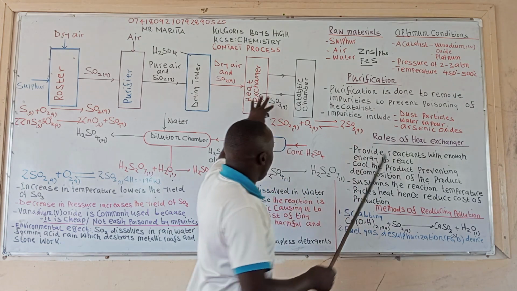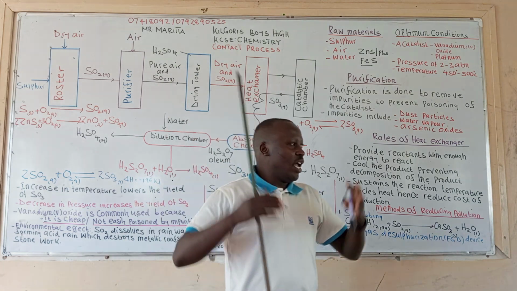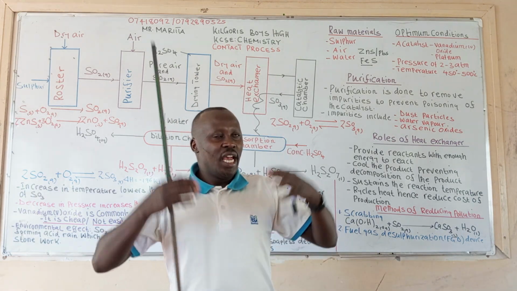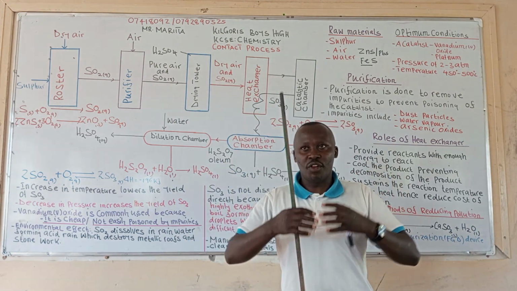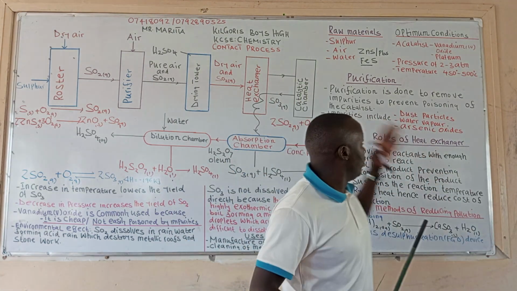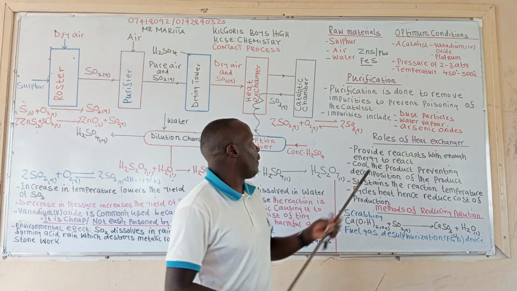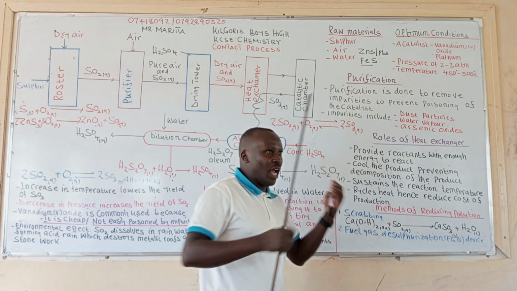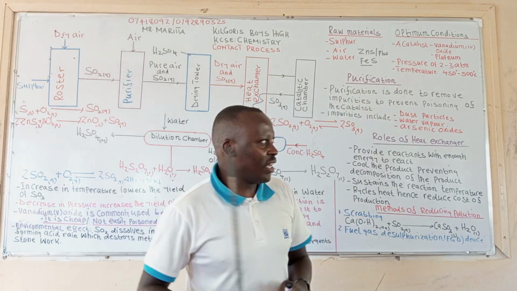Another condition here, you will have a pressure of 2 to 3 atmospheres. This will bring the molecules of gases closer for faster reaction. You will be talking about the factors affecting the rate of reaction in form 4. Another condition is a temperature of 450 to 500.